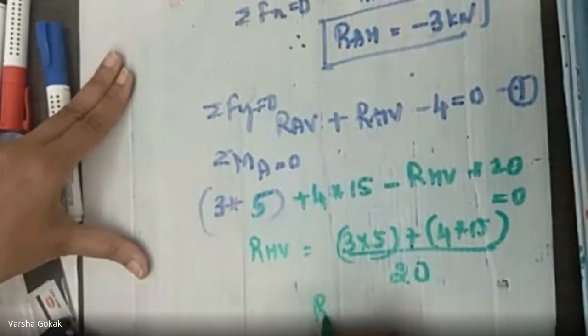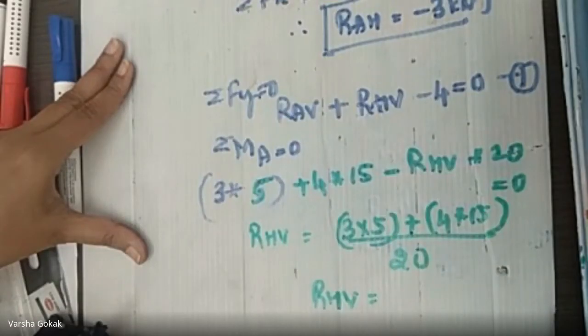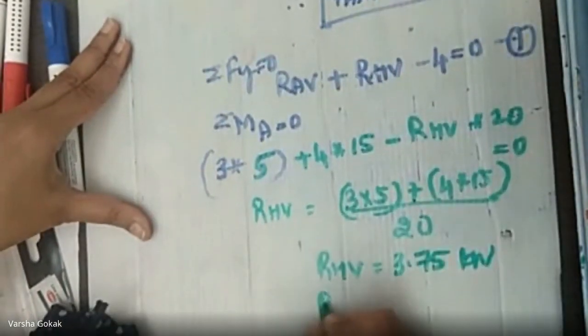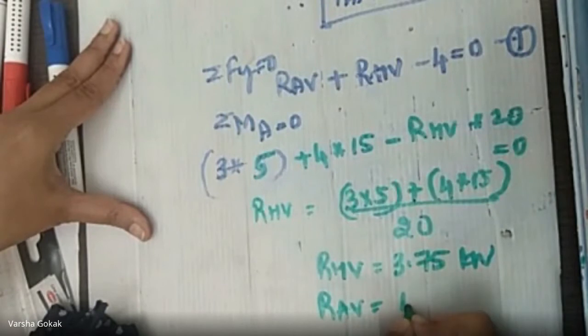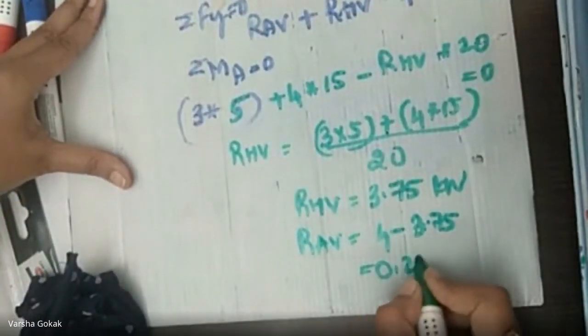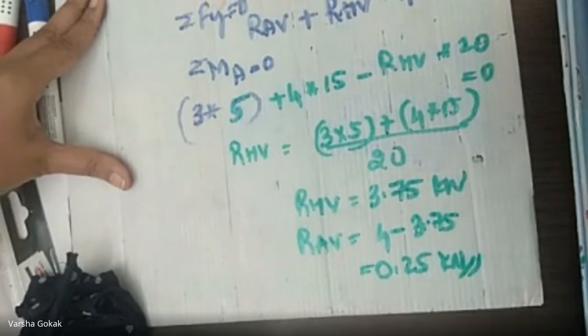How much is RHV, please? 3.75 kilonewton. So RAV is going to be 4 minus 3.75, which is nothing but 0.25 kilonewtons. Correct?